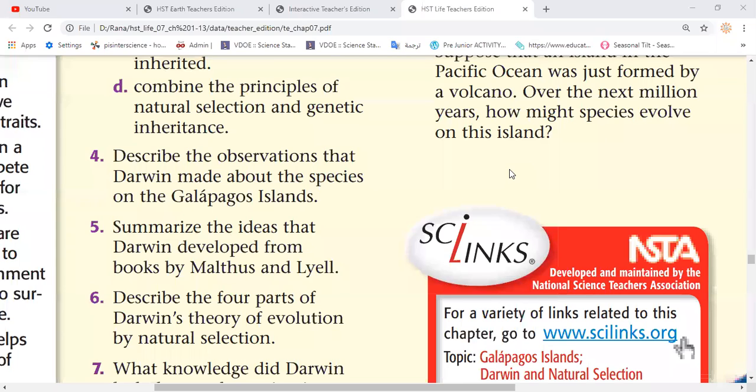The answer will be that Galapagos Islands are found 965 kilometers west of Ecuador, and it's a country in South America. He didn't ask to describe Galapagos Island. No, he asked what observation Darwin made about species. What about the species in Galapagos Island? The species means the living organisms he studied in this island. What observations did he note about them?